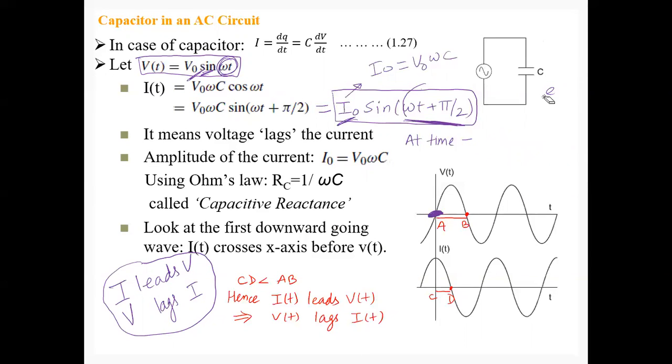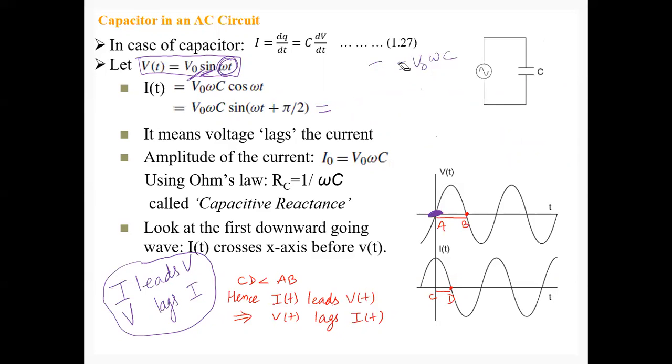So this is how you figure out leading and lagging. So this is the conclusion. If V is sinusoidal, then current is also sinusoidal. But what is the difference? One difference is amplitude.